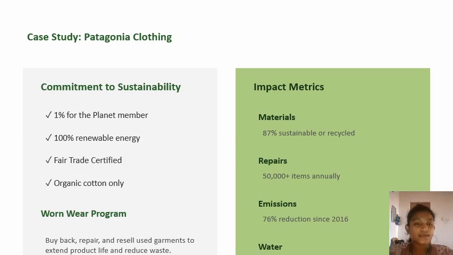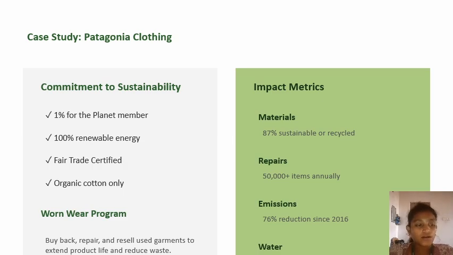Another case study is Patagonia, a clothing company committed to sustainability: 1% for the Planet member, 100% renewable energy, Fair Trade certified, organic cotton only. The Worn Wear program offers buyback, repair, and resale of used garments to extend product life and reduce waste.